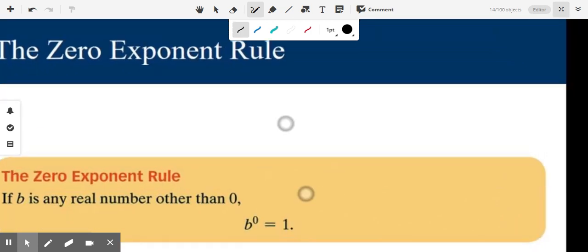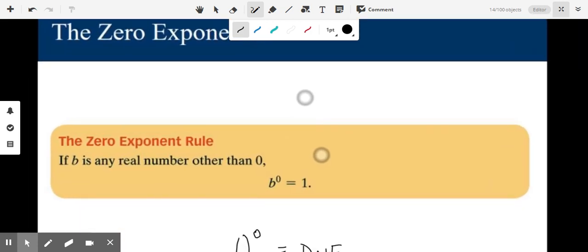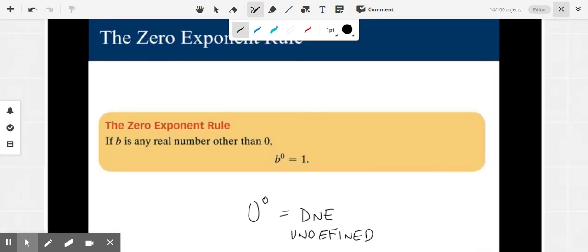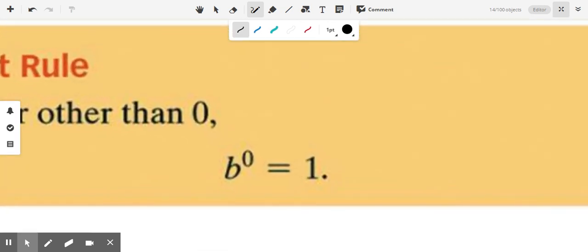Now, here's one thing you need to remember. Anything raised to the power of 0 is equal to 1. So if I have x to the power of 0, that equals 1. If I have y to the power of 0, that equals 1.